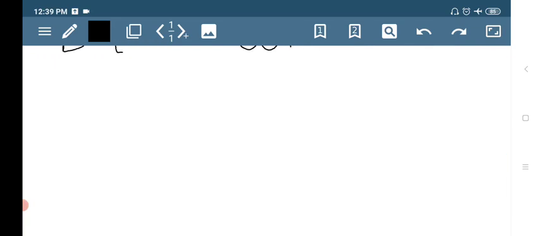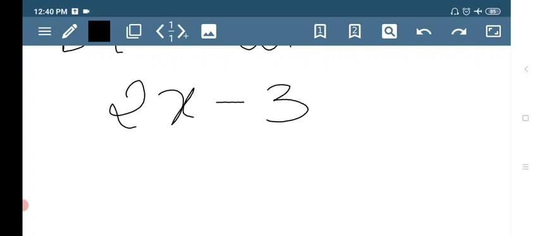So dear students, now solving equations, that is from your textbook 3.2 main, not the exercise. Solving the equations which have linear expression on the one side and the number on the other side. For example, 2x minus 3 is equals to 7.